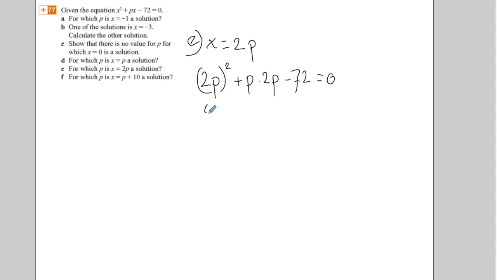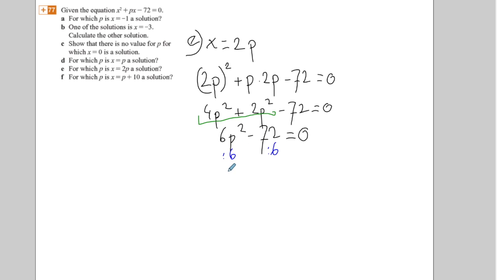This is 4p squared, this is 2p squared, minus 72 equals 0, which is finally 6p squared minus 72. I also have to simplify, and I can simplify this one because those two terms have the same factor. This means let's divide both terms by 6. I get p squared minus 12 equals 0.